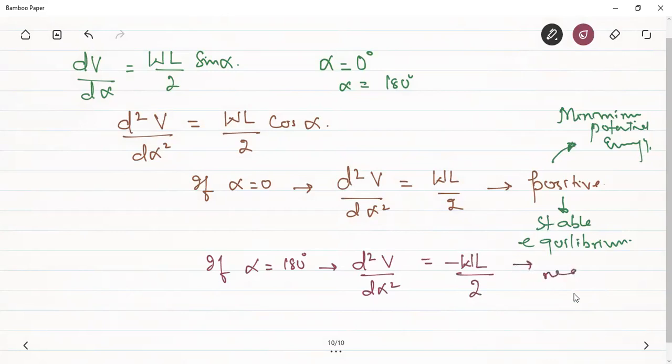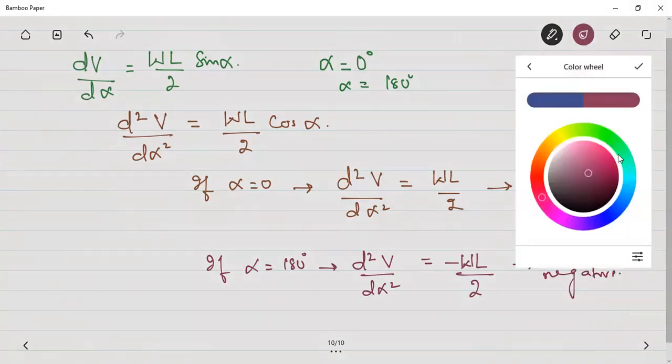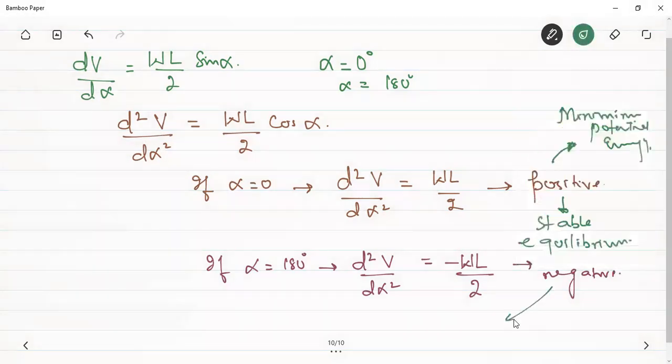And this result is negative, which means that when the second derivative is negative, the body is in unstable equilibrium, or it corresponds to the case of maximum potential energy.